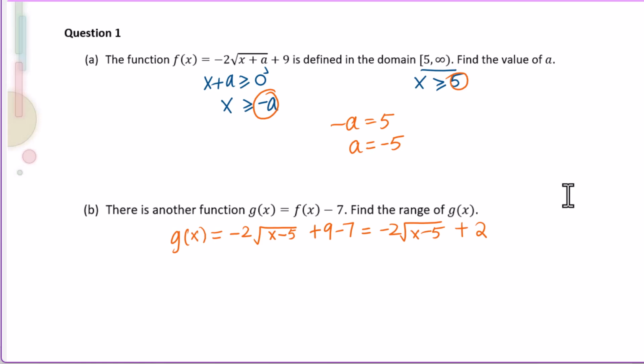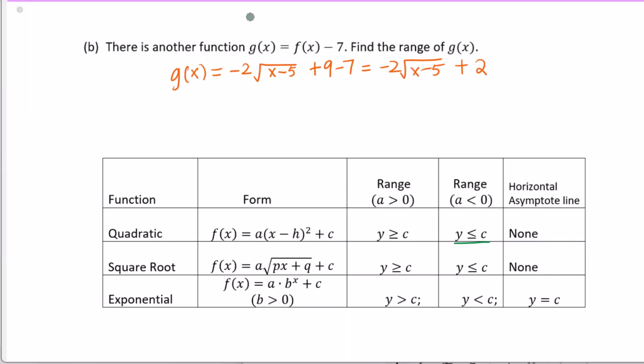We want to figure out the range. For certain functions, you can figure out the range without sketching the graph. For a quadratic function in vertex form, when a is greater than 0, the range is y greater than or equal to this constant c.